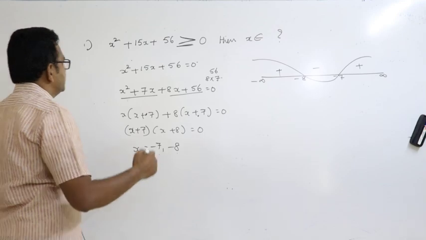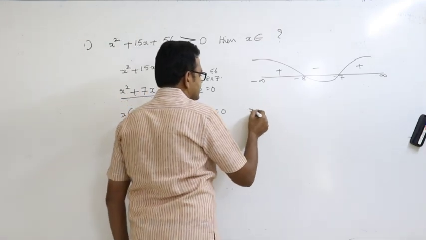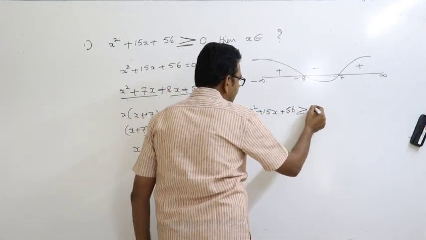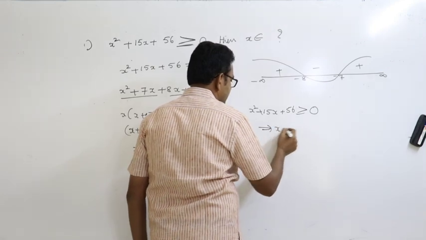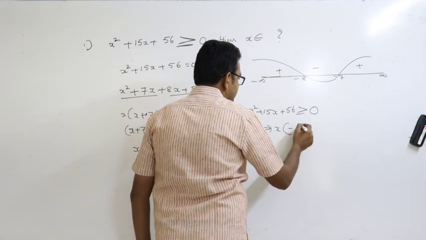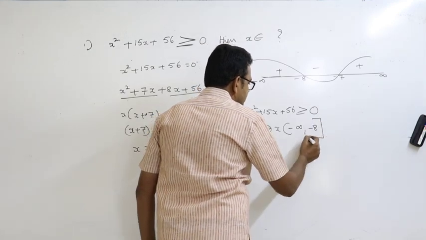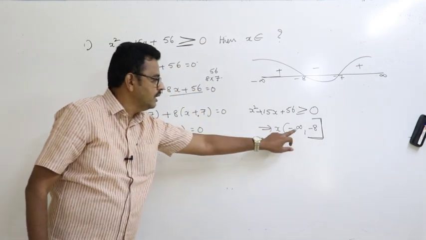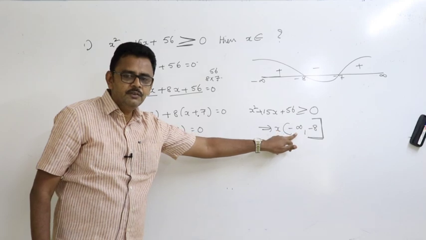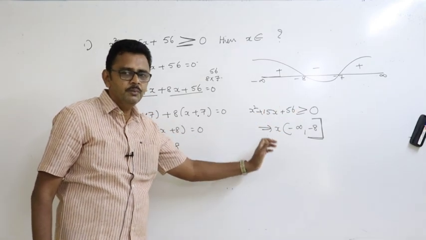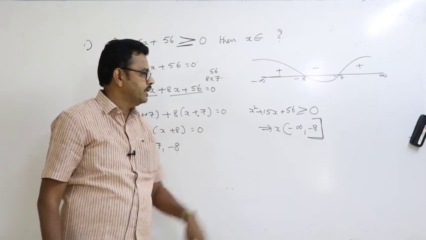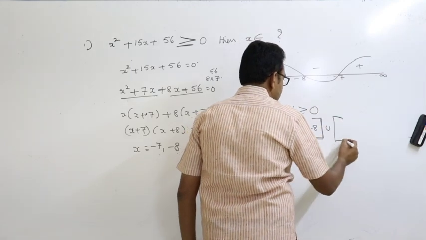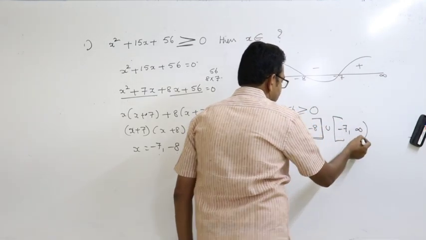Now it is positive, greater than or equal to 0: x square plus 15x plus 56 greater than or equal to 0 implies x belongs to the interval minus infinity comma minus 8. Just observe this closed interval. Infinity, as I already told, whether minus infinity or plus infinity, is always an open interval. Always open interval. Union minus 7 comma infinity.